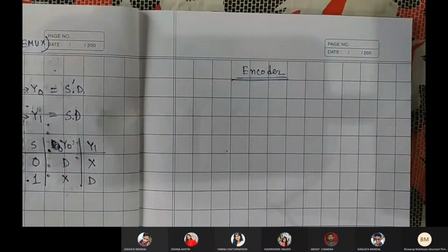Encoder means obviously the chip which actually encodes, right? So encoding or encryption or some coding comes in there, right? That is something like an encoder, which gives you some sort of coding.